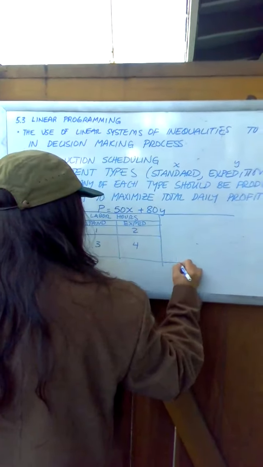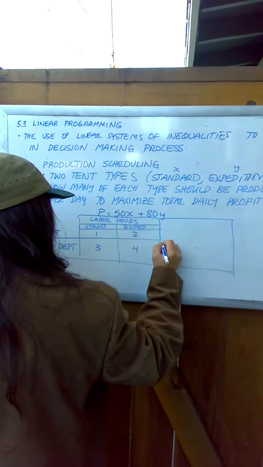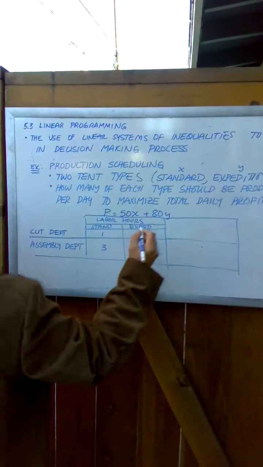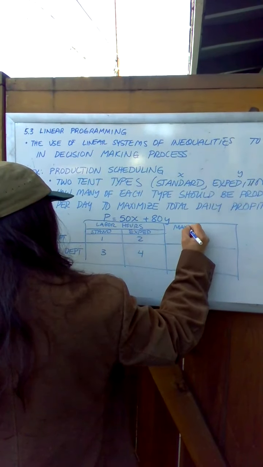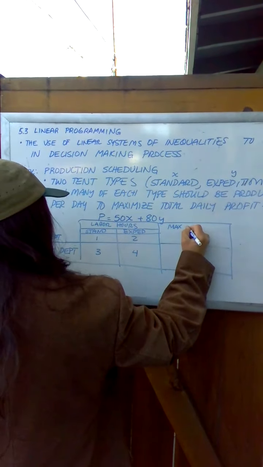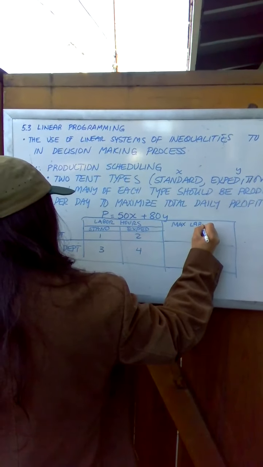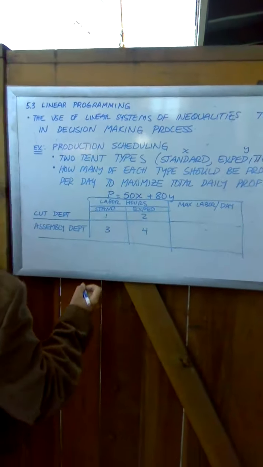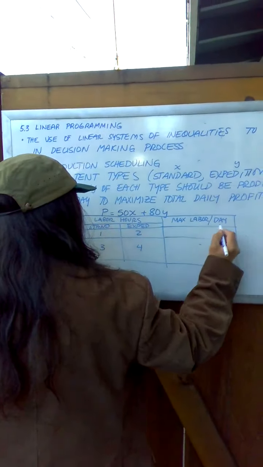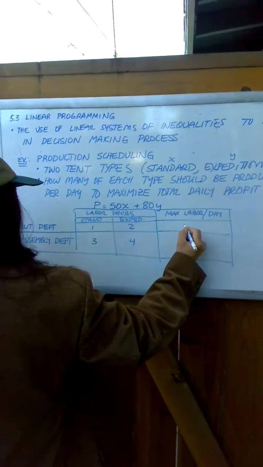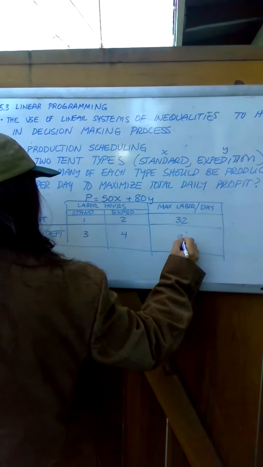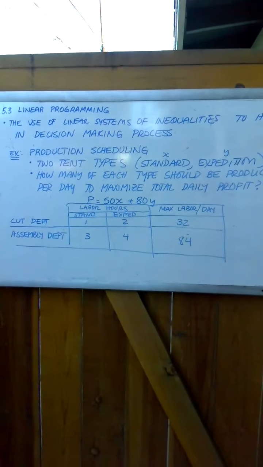Now, if you're running a business, you don't get to make the workers work forever. There is a maximum labor per day. Here, the cutting department has 32 hours in a day, and here, 84 hours in a day.